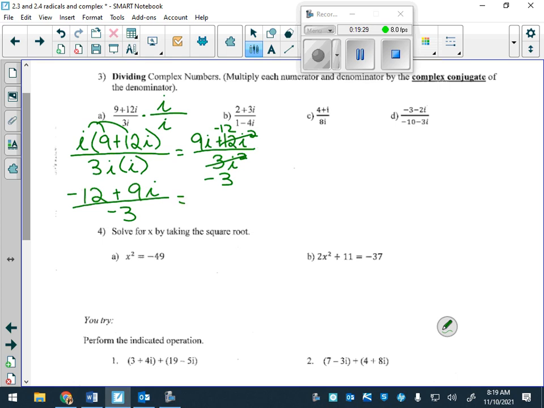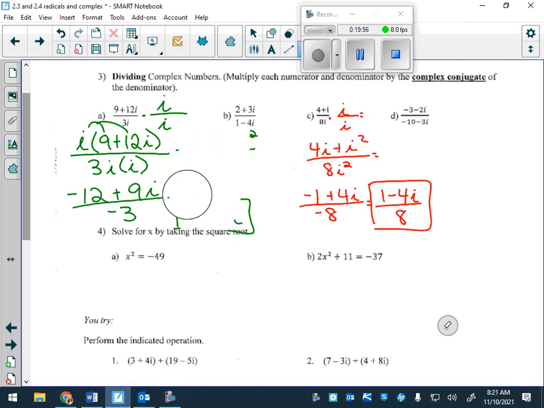So what's negative 12 divided by negative 3? 4. 9i divided by negative 3? Negative 3i. And that is your final answer. Okay? Try C.